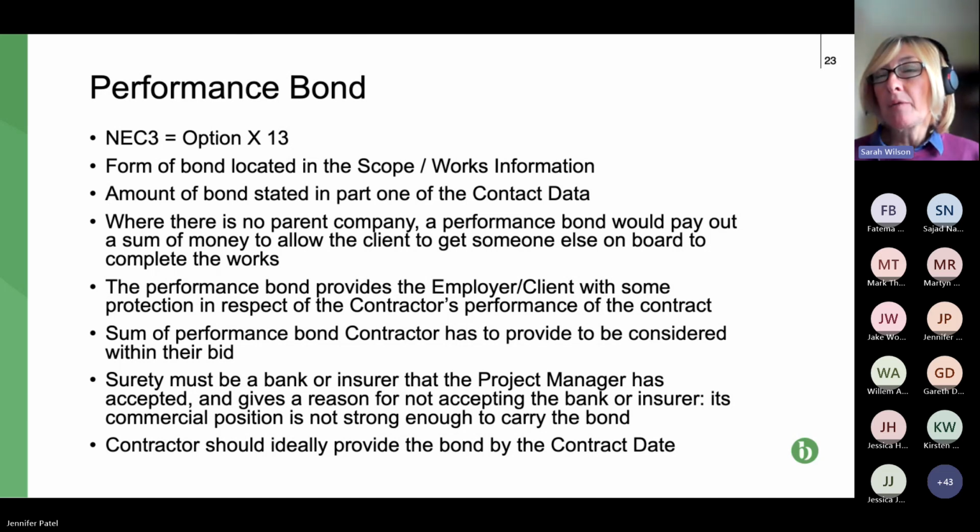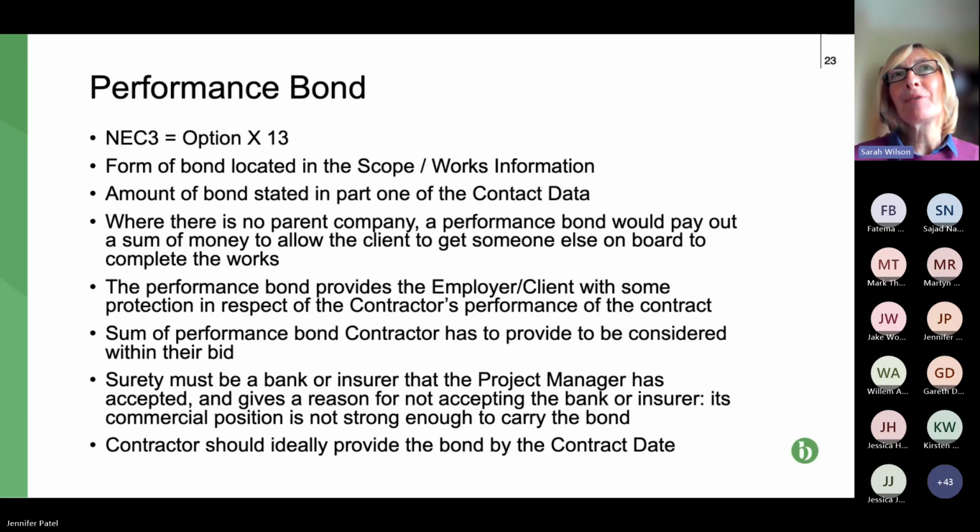Work where there was no design, where it was just workmanship, for a slightly higher value, ditto. No parent company guarantee, no performance bond. And then higher value works, or works where the design was an obligation on the contractor, it might be a requirement for one or the other, but not necessarily both.